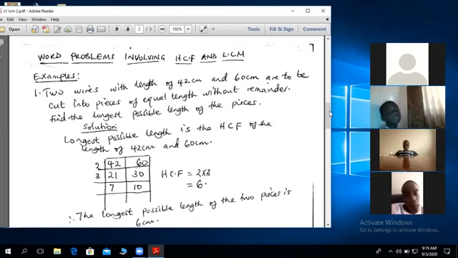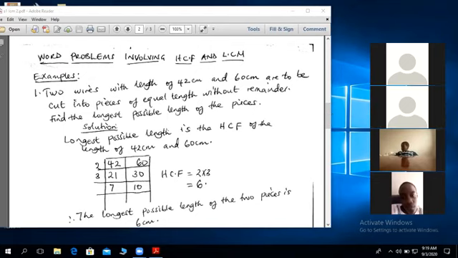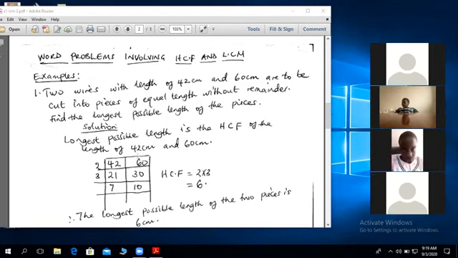So when you do that, you will have understood the concept. There we will have gotten equal length. That's when you get equal length of the wire gotten from 42 and 60.